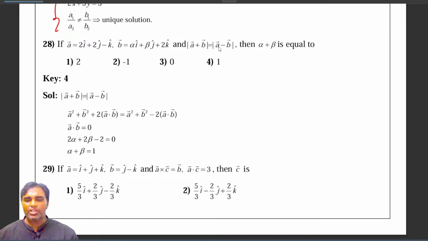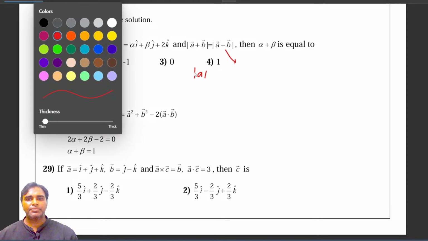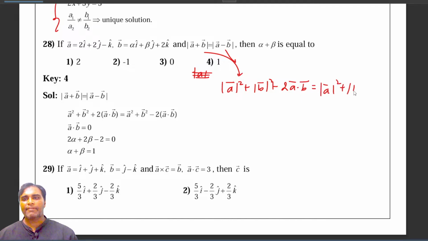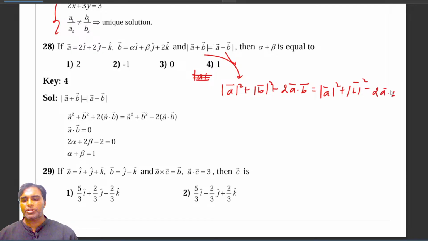Modulus of a plus b is equal to modulus of a minus b, meaning vector magnitude. So now let's square both sides. If we square both sides, we'll get a square plus b square plus 2a dot b, and from the other side a square plus b square minus 2a dot b.